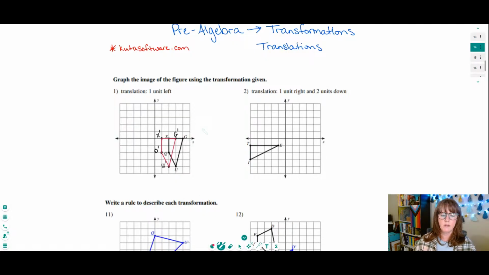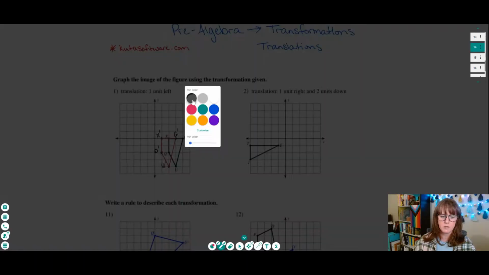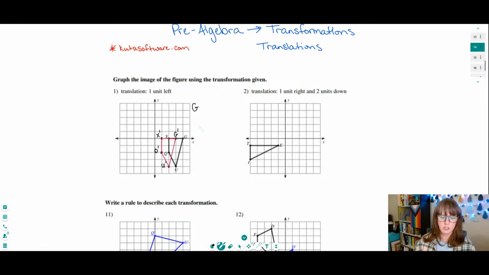If we were given vertices, so let's say, for example, for G, the original image, the pre-image, was at, looks like 1, 2, 3, 4, so (4, 0). That was the coordinate for the original vertex at G. And so then G prime, what we can do, 1 unit left, the left is going to affect only the x portion of the coordinate.